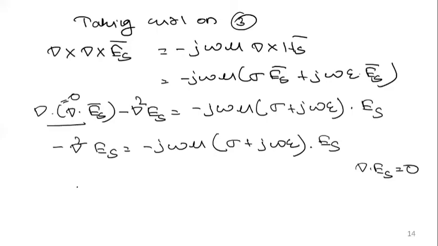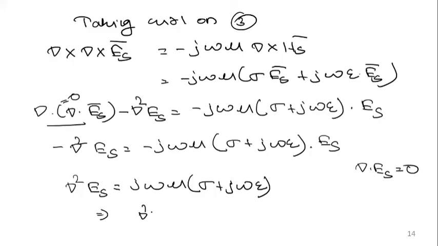Then the same equation which you have obtained, del square Es is equal to j omega mu into sigma plus j omega epsilon. So you will get del square Es is equal to gamma square Es, where gamma is equal to the same old story, j omega mu into sigma plus j omega epsilon.